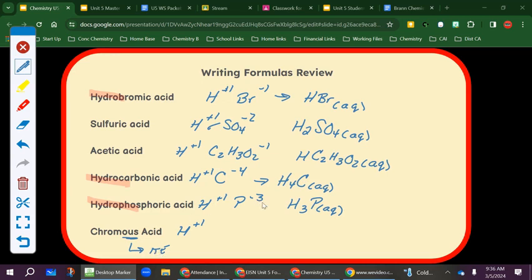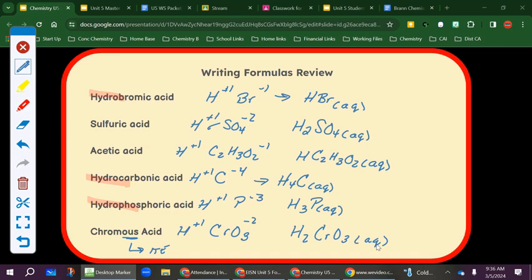You will find chromate. Chromate is CrO4. So to be chromite, it is CrO3. Charge is a -2. Thank you. So we have H2CrO3 aqueous. Questions?